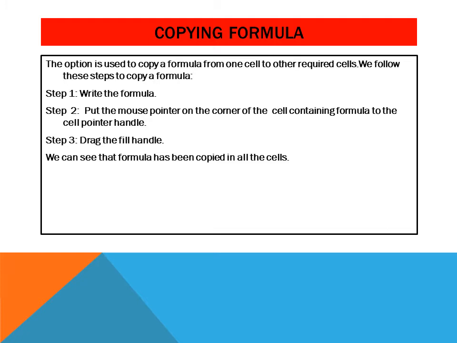But now if we want to change the value in any of the cells, then that change would automatically be reflected in the formula of that particular cell and the result of that particular cell would be changed accordingly. So it depends on us. If we want to change our data, we can also change our data and get the result accordingly.